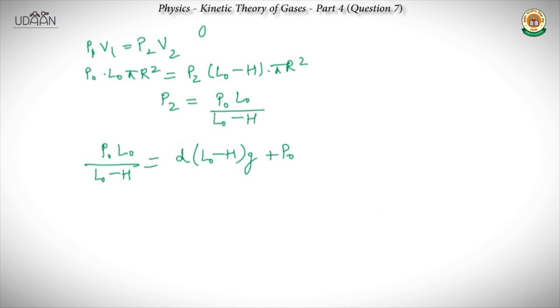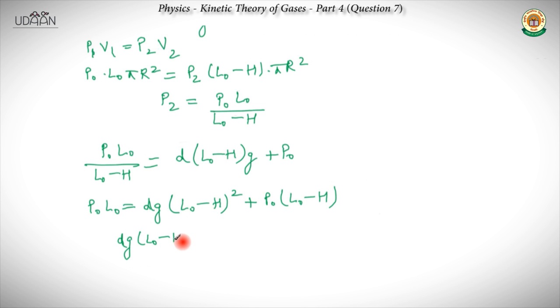Now we cross multiply, we get P naught L naught equal to dg into L naught minus h whole square plus P naught into L naught minus h. Now we send it to that side: dg into L naught minus h whole square plus P naught into L naught minus h minus P naught L naught.